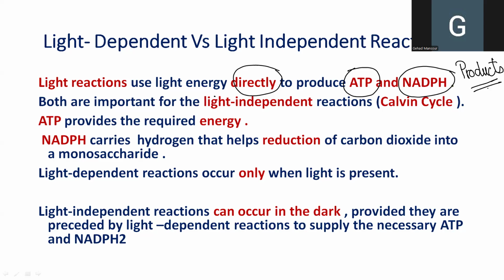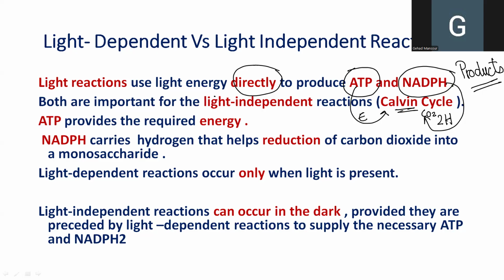The end products are ATP and reduced NADP. Both products, ATP and NADPH, are important for the light-independent reactions to occur, as we have just said, because ATP is the source of energy and reduced NADP is the source of the hydrogen atoms to reduce carbon dioxide.